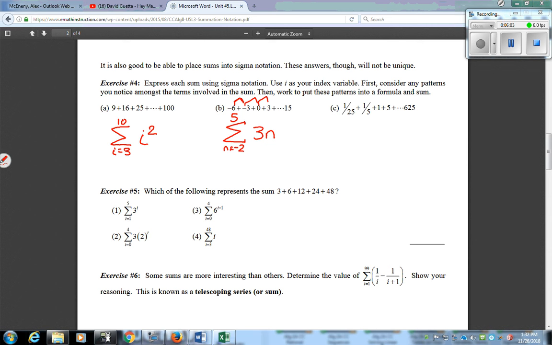Now for C, C is showing multiplication by 5 each time. So for this one, kind of similar to what we were talking about earlier, it's going to be a number raised to a power. I'll use n again. And the first one is going to be when n equals negative 2, and then to get 625, that would be, actually, sorry, not 5, 4.